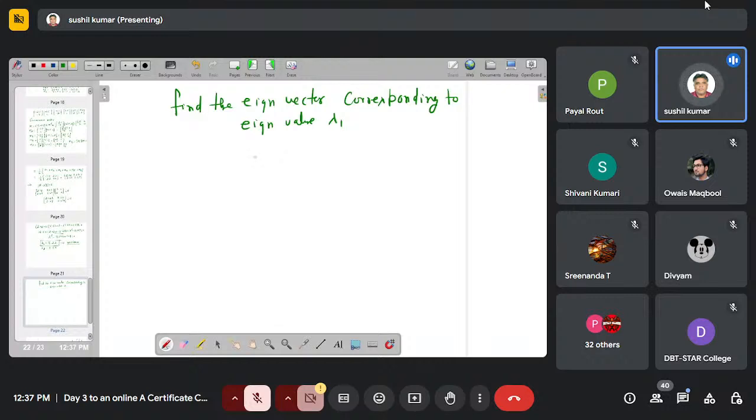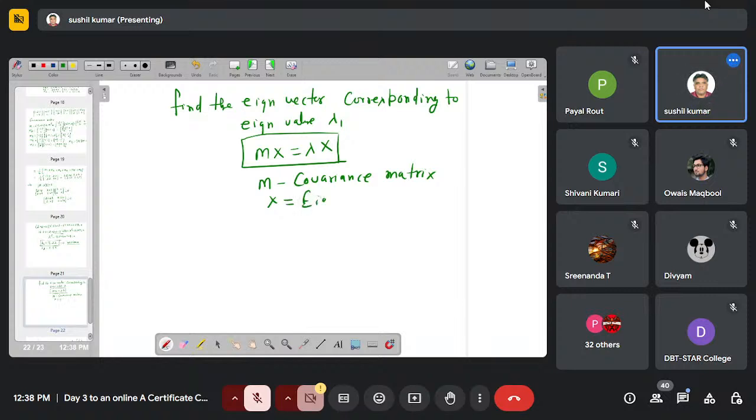This is Mx is equal to lambda x, the equation in our simple mathematics, where M is the covariance matrix, x is the eigenvector which you need to calculate, and lambda is the eigenvalue. You have already calculated this value.